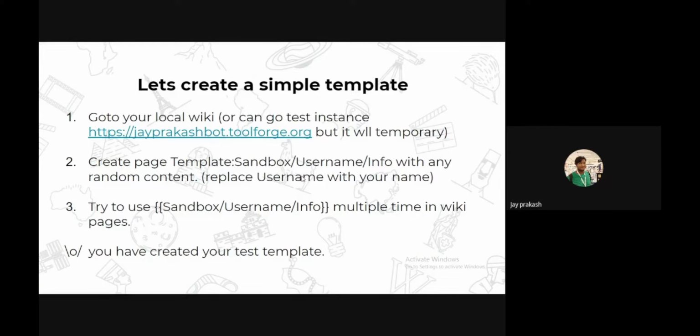So you can get some experience of how to create a template. And now try to use double curly brackets and the name of the template multiple times in a wiki page, so that you can get some experience of how templates work for repetition.